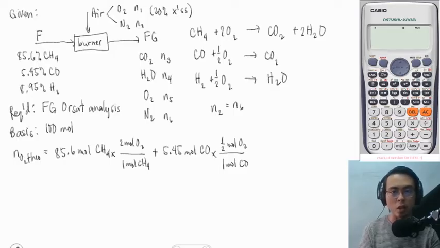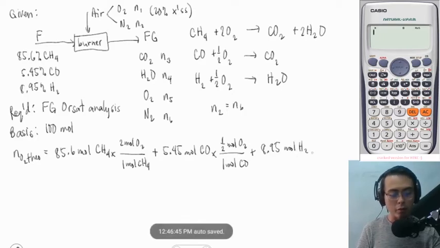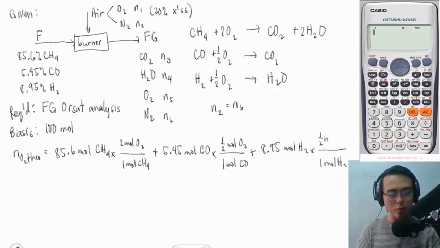It will not change our answer. The last term is for hydrogen. So we have 8.95 moles of hydrogen. And from the balanced equation, 1 mole of hydrogen is equivalent to 1/2 mole of oxygen.